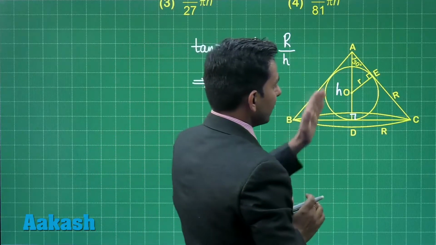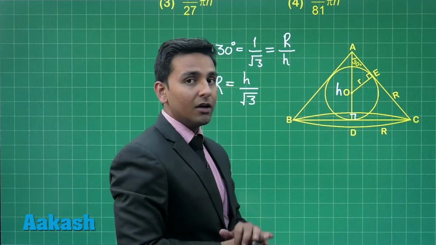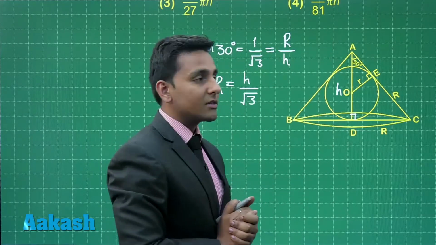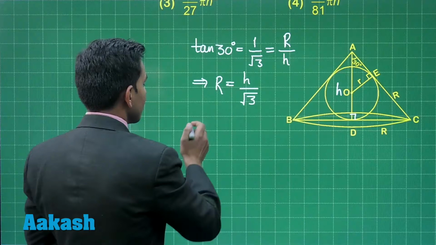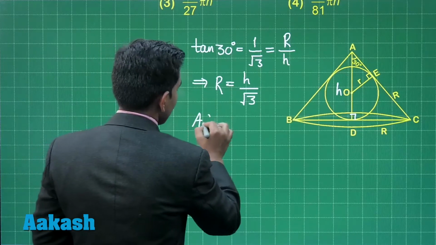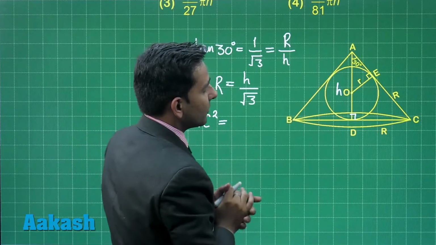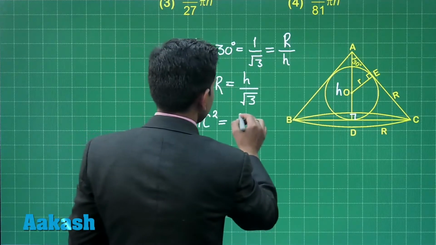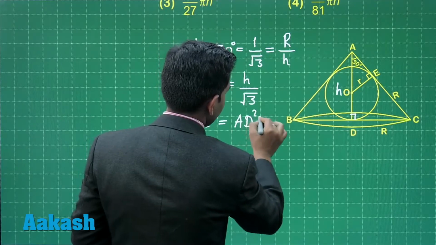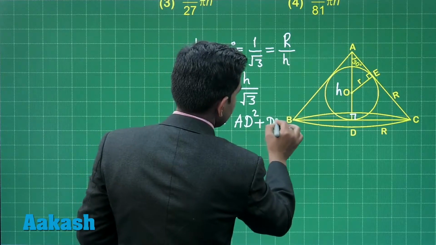Further, here we can see that ADC is a right triangle. We can also apply the concept of Pythagoras theorem, and as per the Pythagoras theorem, here we can write AC square, that means hypotenuse, is equal to the sum of the squares of the remaining two sides. That means AD square plus DC square.